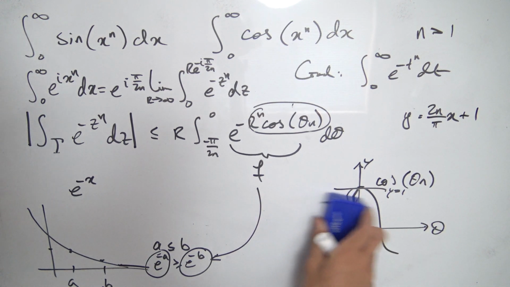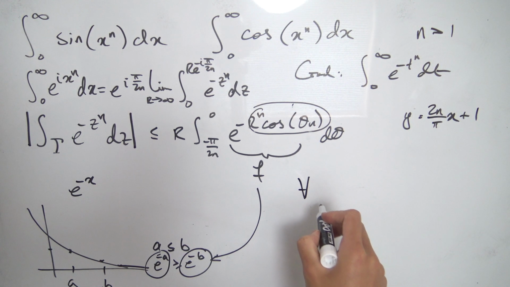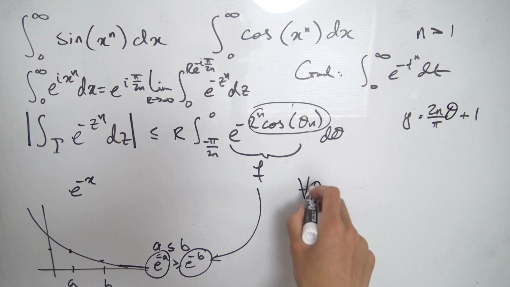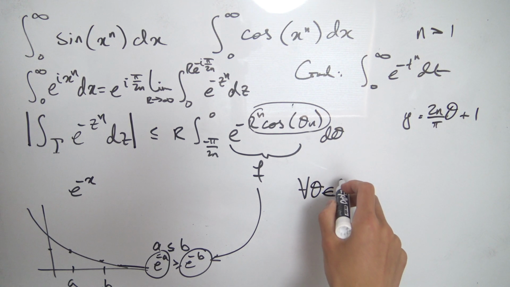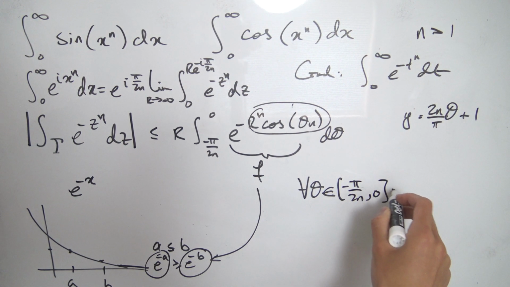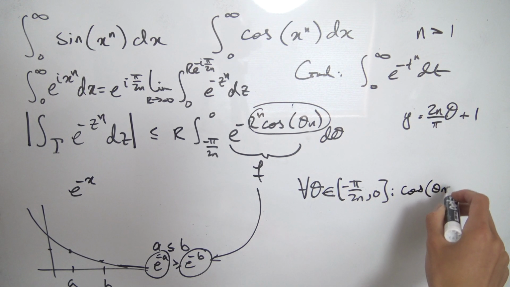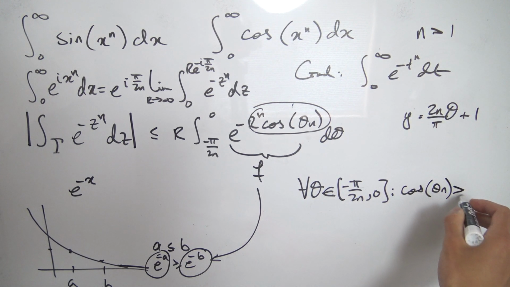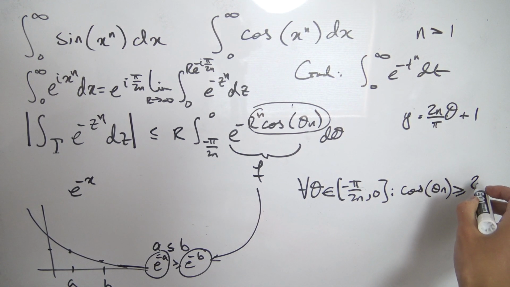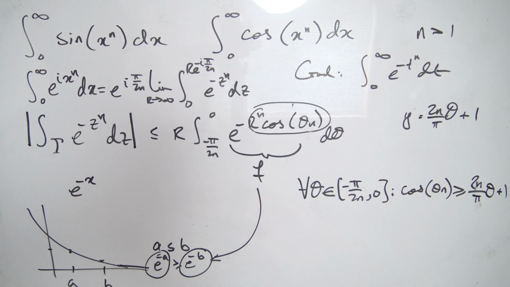So what did we just find? We found that for all, this should actually be theta because we're working with the theta axis, for all theta on the interval minus pi over 2n to 0, cosine of theta n is always greater than or equal to 2n over pi times theta plus 1.